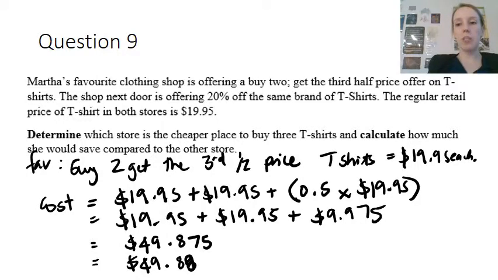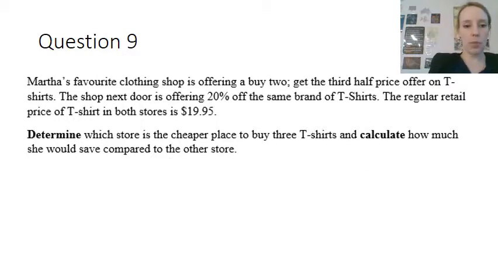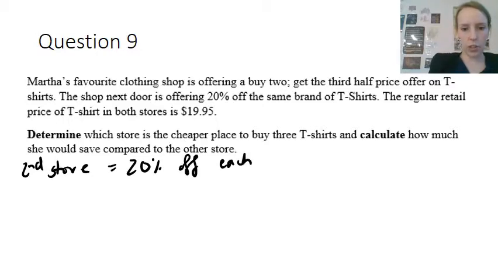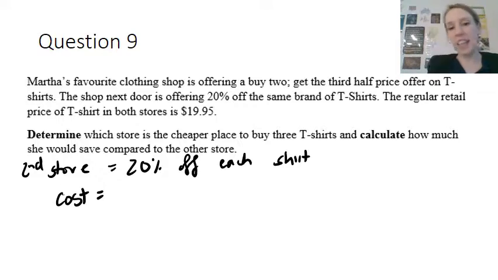Okay, so continuing working down this page, you'd buy the second store. So the second store has 20% off. So 20% off each shirt. Okay, so then the cost of the shirts then. So each shirt, if it's 20% off, you're paying 80% of the price.